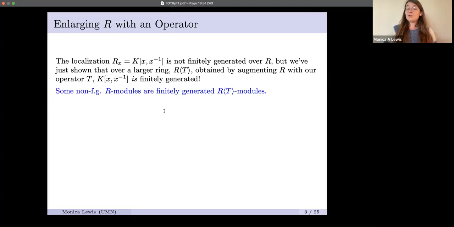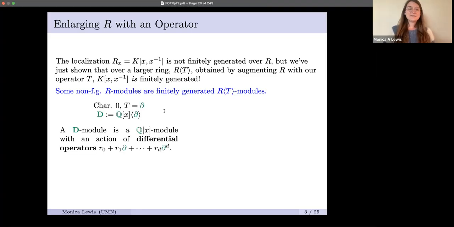So some non-finitely generated R modules are finitely generated R bracket T modules. We're interested in this talk in the question of what happens when you augment your ring with a non-commutative operator and what sorts of modules become available to us as finitely generated over this new larger ring.